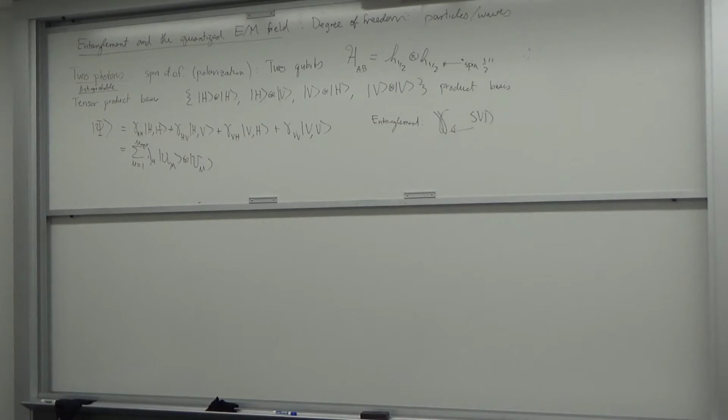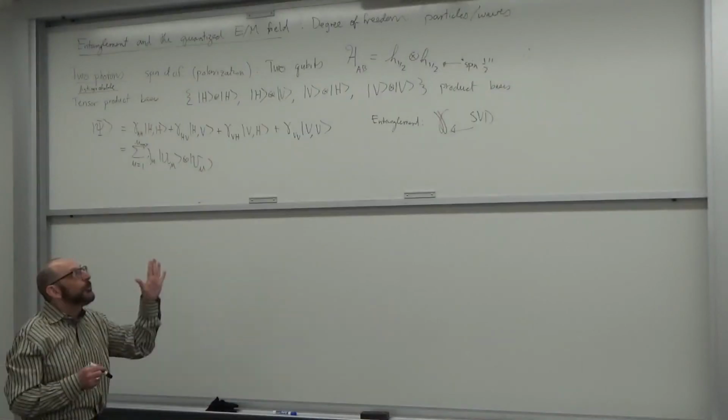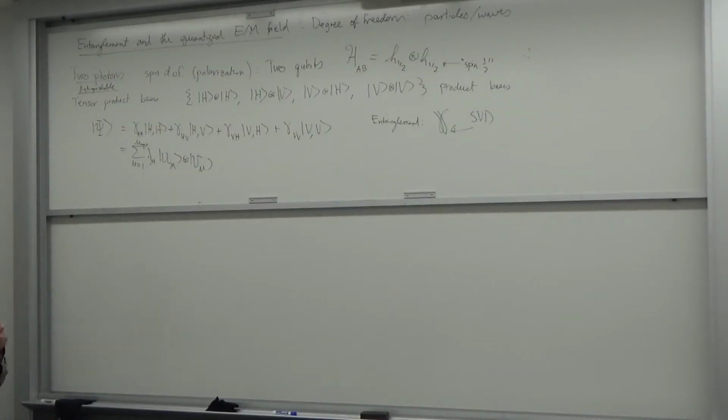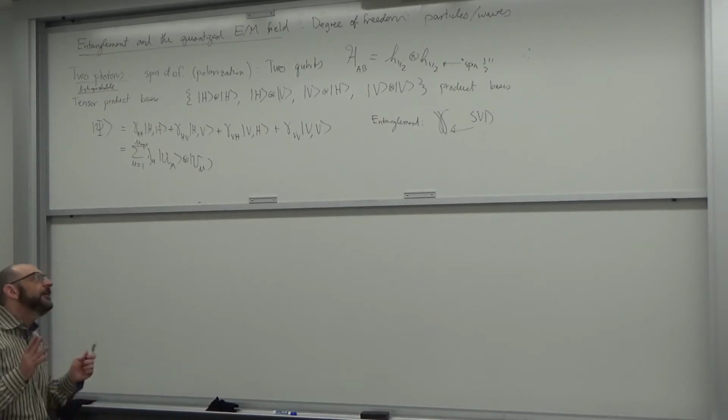So right here I'm just talking about the spin degrees of freedom. When we write this down, as Matt suggests, we are thinking about the notion of distinguishable photons. But in what way could they be distinguished? Well, they could be distinguished in the following sense.